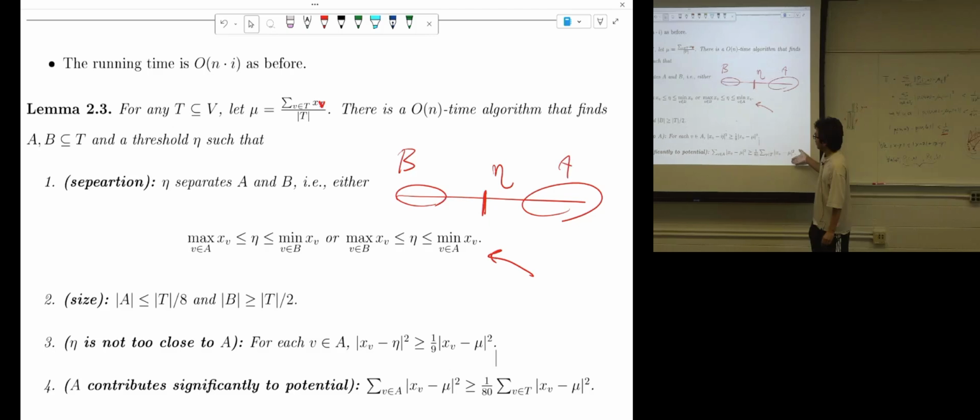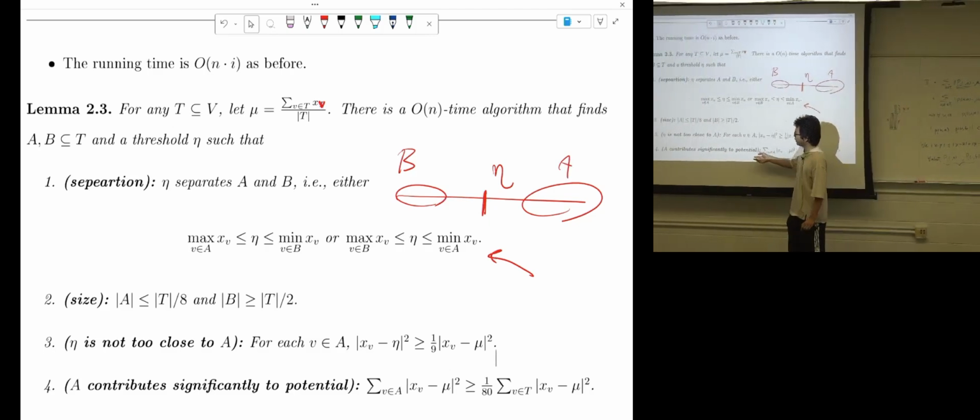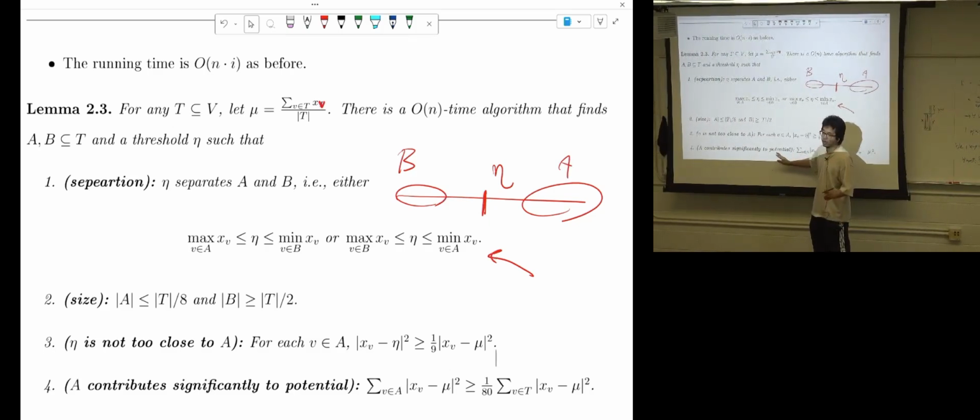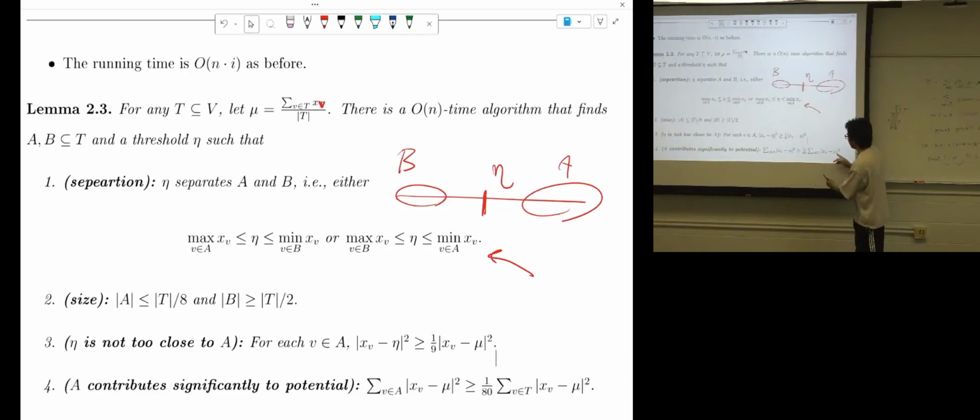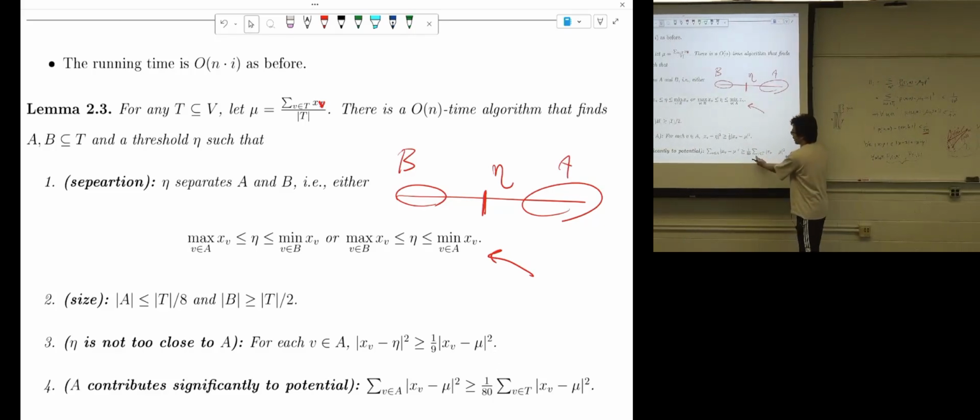The intuition is that A will contribute quite significantly to the potential after projection.